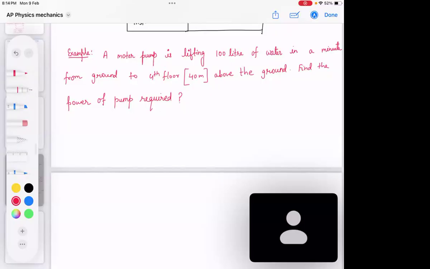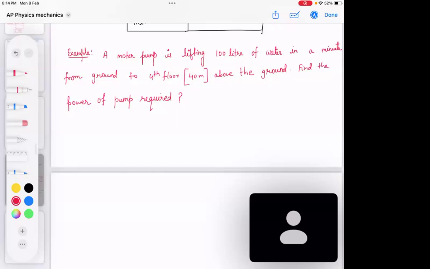If they ask in the question what is the work required by the pump, we will calculate the work. But the question didn't ask what is the work done by the pump. The question asked, what is the power of the pump required? So to calculate the power, we need work done by time interval, isn't it?